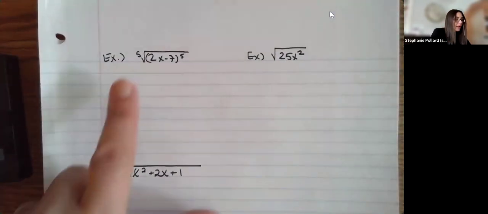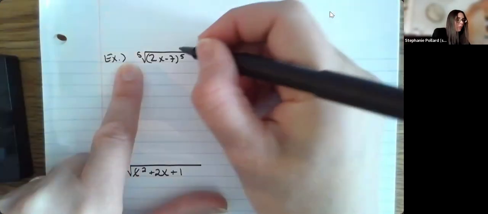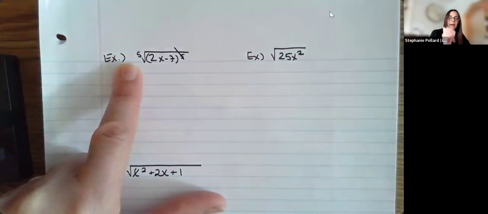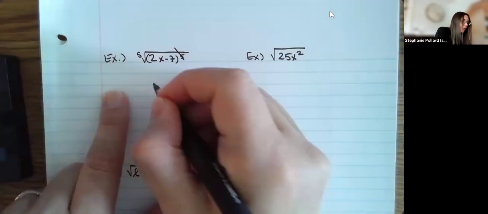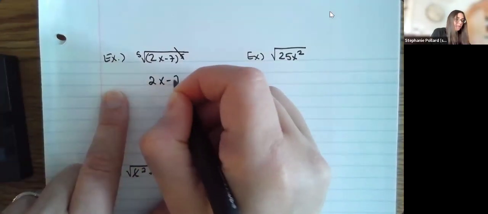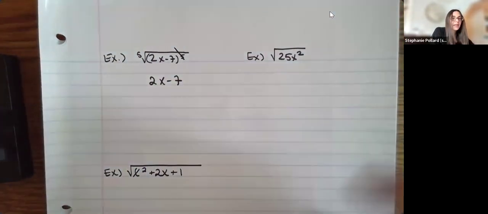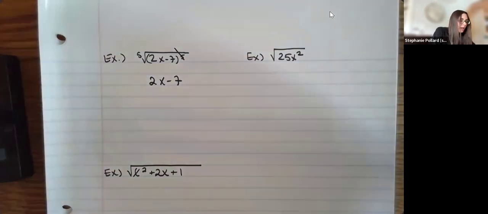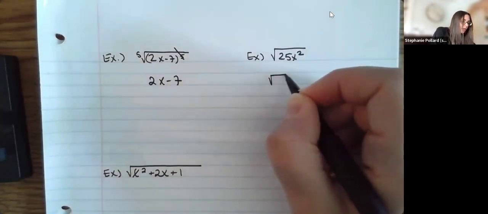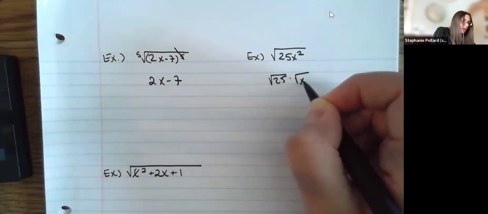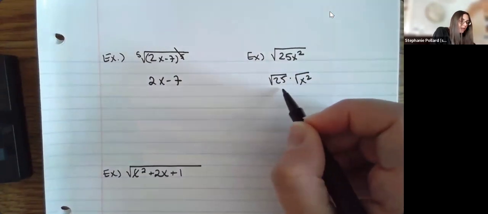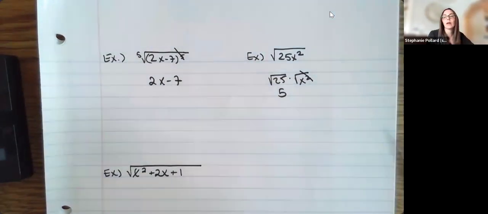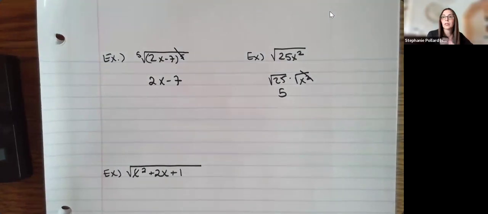In the next example, I have an odd power, so I don't have to worry about that here. My root and my power will cancel, and I'll be left with just 2x minus 7. Here again, I have an even power, so I have to be more careful. So I have the square root of 25 and the square root of x squared. Square root of 25 is 5. And again, here my square and my square root and my 2 for my power are going to cancel out.